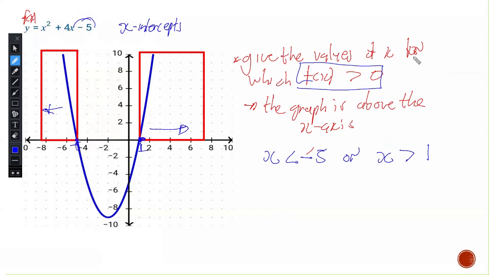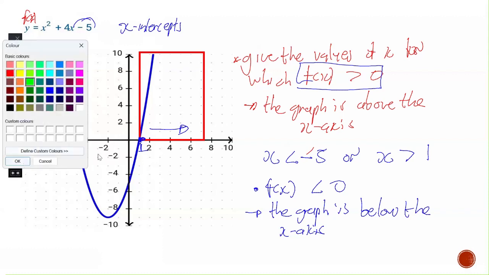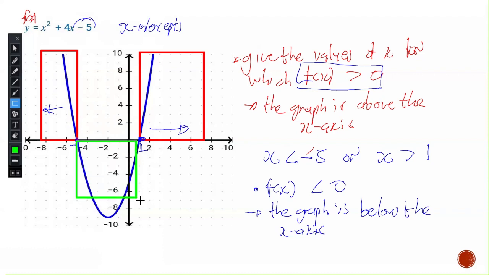Again, if they say, give the values of x for which f of x is less than 0, the interpretation of this means where the graph is below the x-axis. Where is the graph below the x-axis? If you check here, we can see that the graph is below the x-axis right here, in between those two x-intercepts.